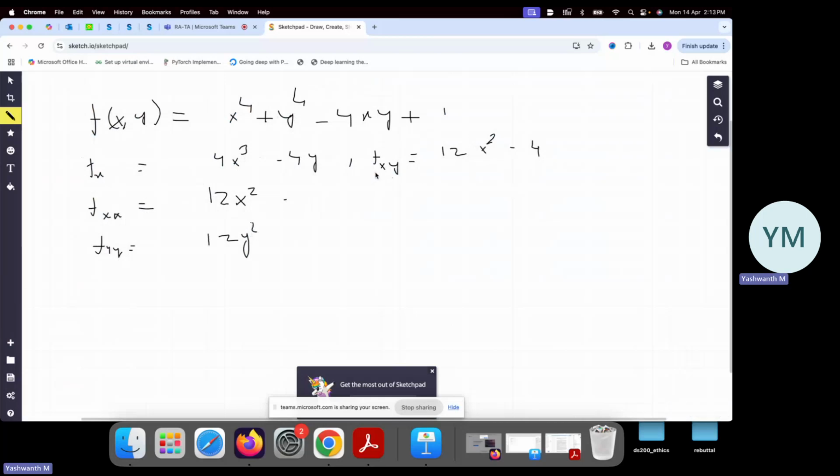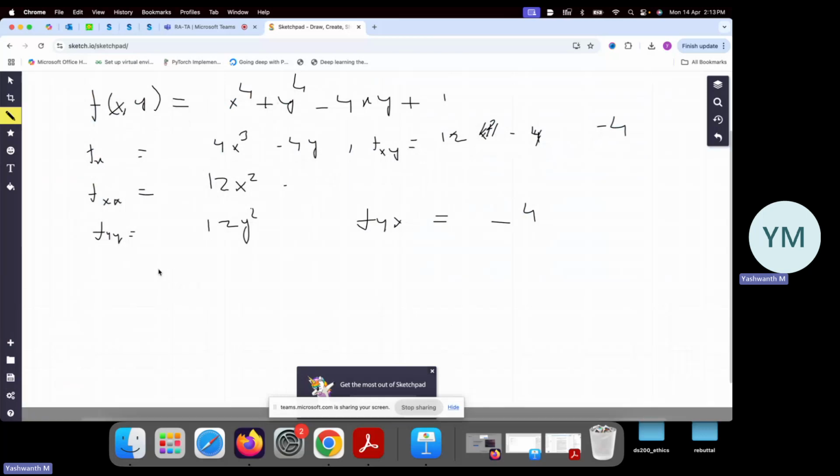And fxy and fyx are the same: differentiating the first derivative with respect to y, we get minus 4. So the Hessian is [12x squared, minus 4; minus 4, 12y squared].